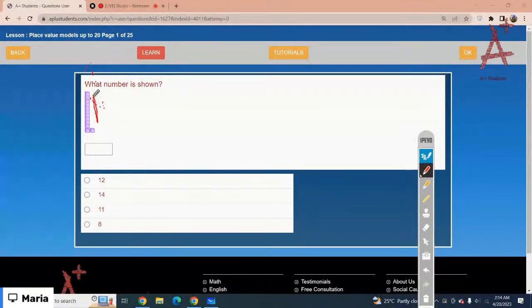They are 10. Got it? And these are just 2. So you have 1 ten and 2 ones. Together they make 1 at the tens position and 2 at the ones position. So it makes 12. The correct option is 12. Got it?